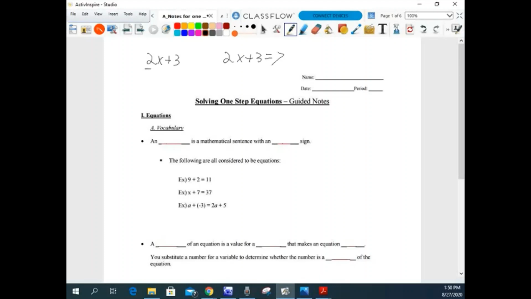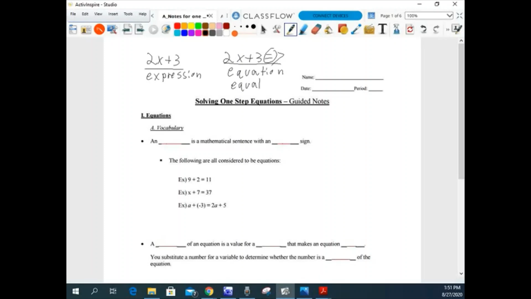I said that this one right here was an expression. I want you to try to remember what I said the second one was. 2x plus 3 equals 7. This is an equation. And I said that because it has an equal sign. Now, this is what we're talking about today, an equation.